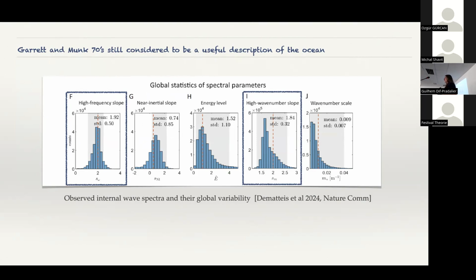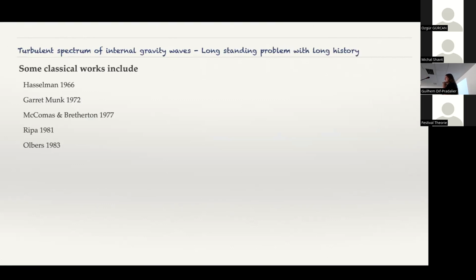But if you're far away from the natural peak, they all have the mean around the Garrett-Munk spectrum. So the Garrett-Munk spectrum is still considered a good and useful description of the energy density of internal gravity waves in the ocean.